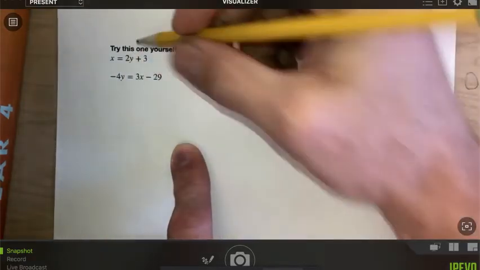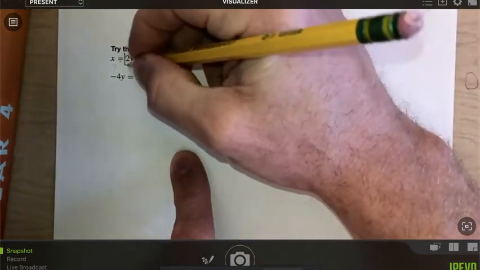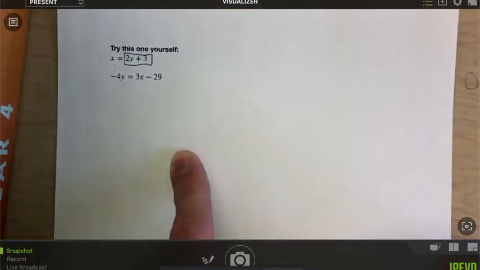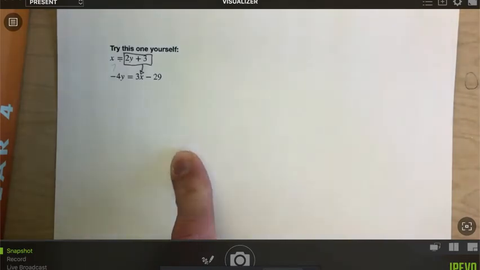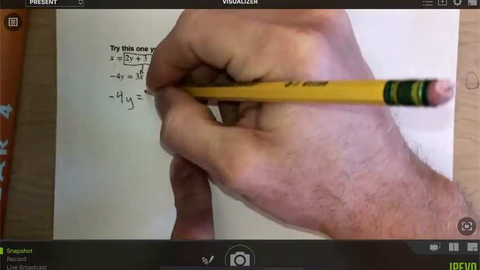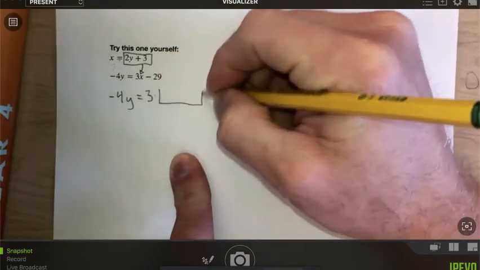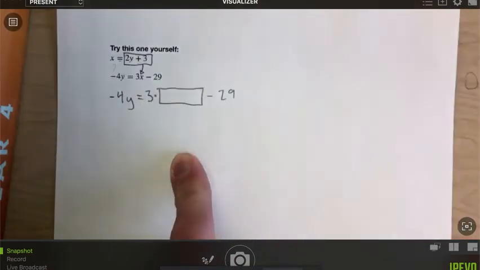All right, so here, once again, I see x is equal to something. In this case, 2y plus 3. So since it's x is equal to something, I'm going to have to throw in for x. So now I'll have negative 4y equals 3 times something minus 29.